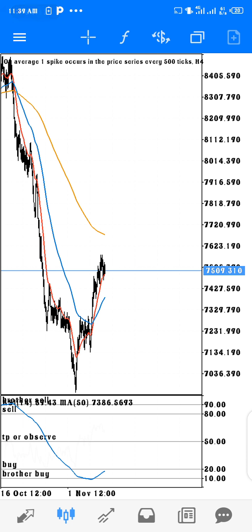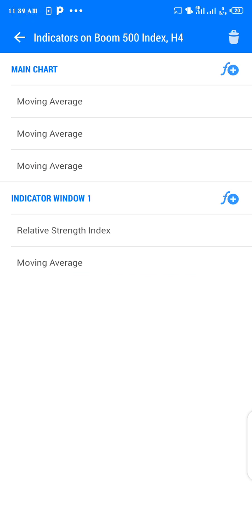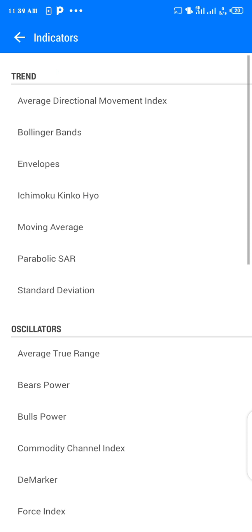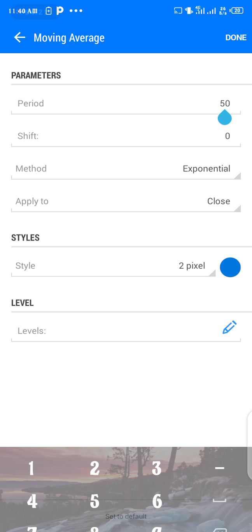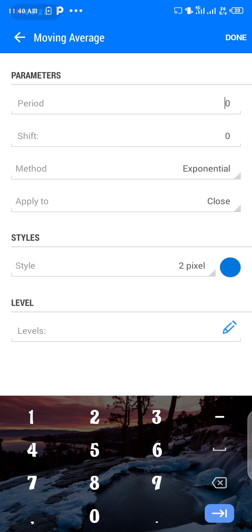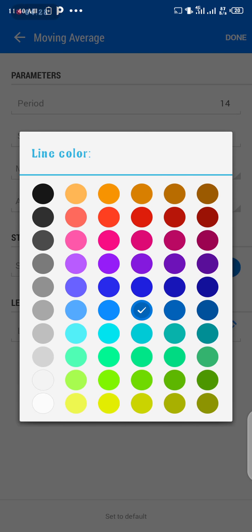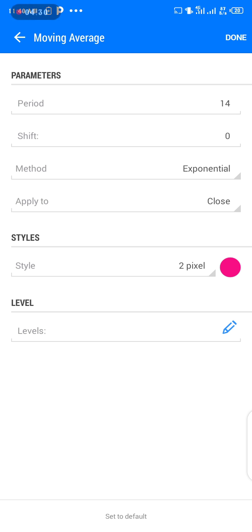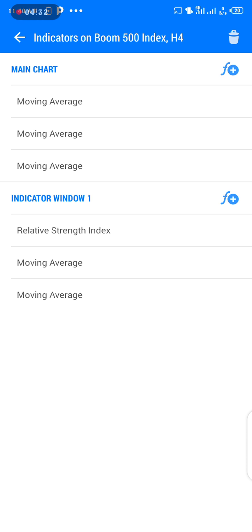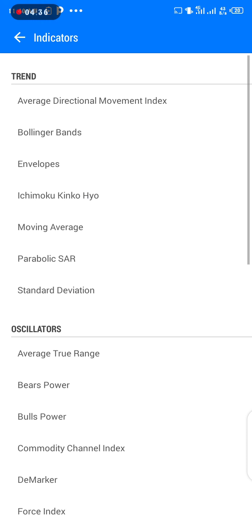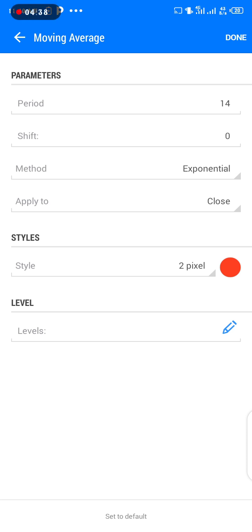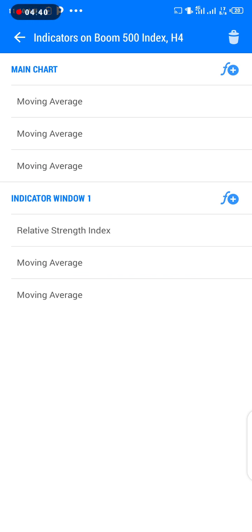The same color, moving average 14, color red. Done.